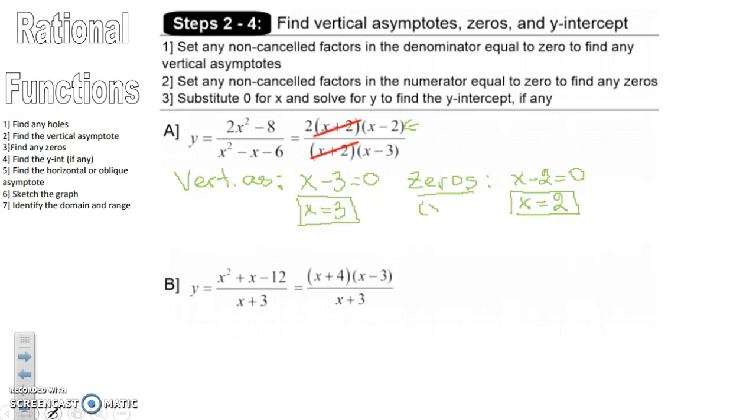The zeros are really your x-intercepts, whereas x equals 3 in the vertical asymptote really represents a line going through x equals 3. And then let's go ahead and find y-intercepts if there are any. To find the y-intercept, we need to calculate what is f of 0. Well, f of 0 is going to be negative 8 over negative 6, which simplifies to 4/3.